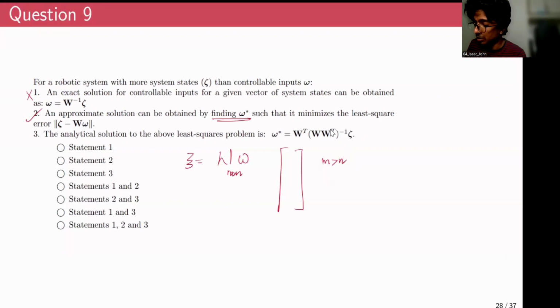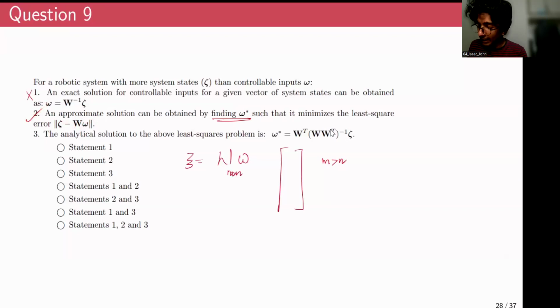You can only find an approximate omega star, which basically minimizes the error between zeta and W omega star. Ideally, we want this to be equal, but we can only find an approximate omega star where the least square error is minimal. So that option is indeed true.